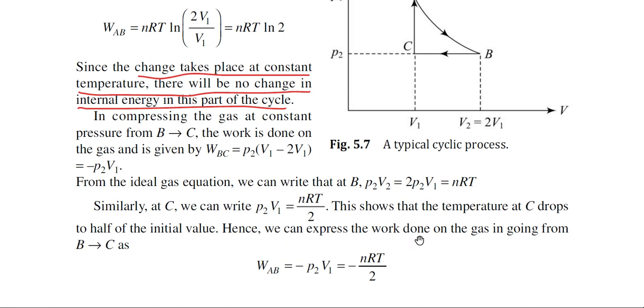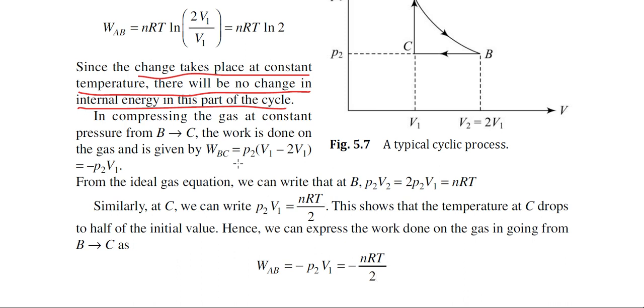Hence we can express the work done on the gas in going from B to C. So what is the work done? Work done W will be minus P2 into V1, that is equal to minus nRT by 2.